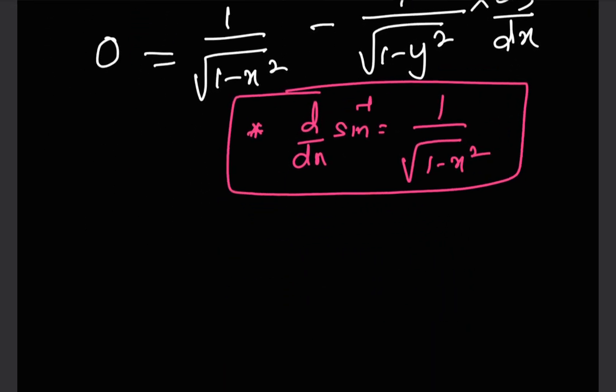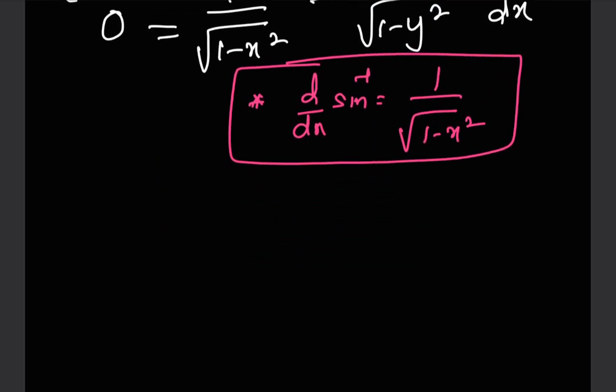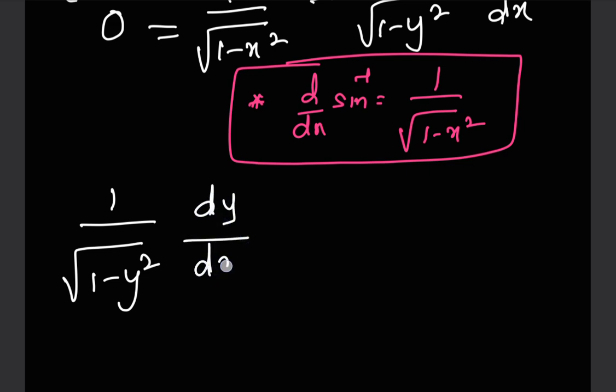Now bring this term over onto the left hand side. So this turns out to be 1 by under root of 1 minus y square into dy by dx. Because it was minus, it turned out to be plus, is equals to 1 by under root of 1 minus x square.